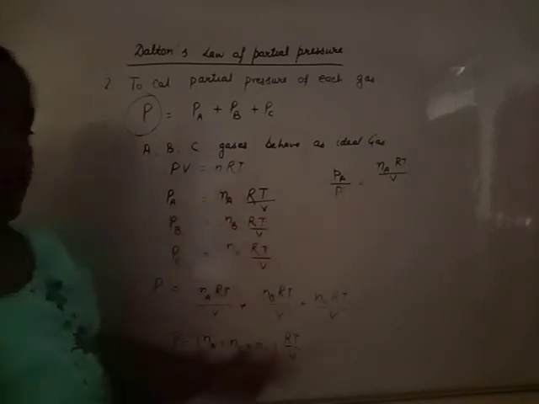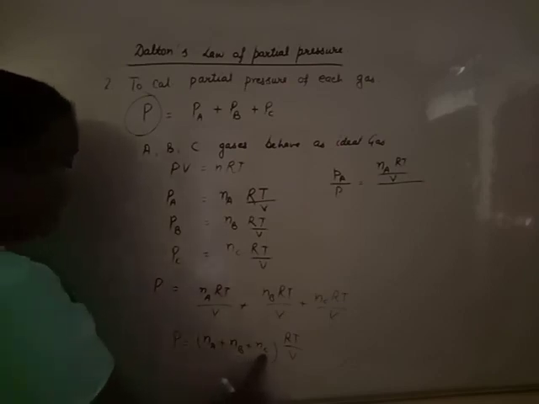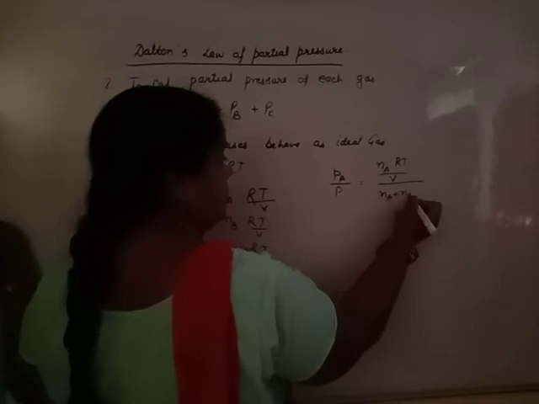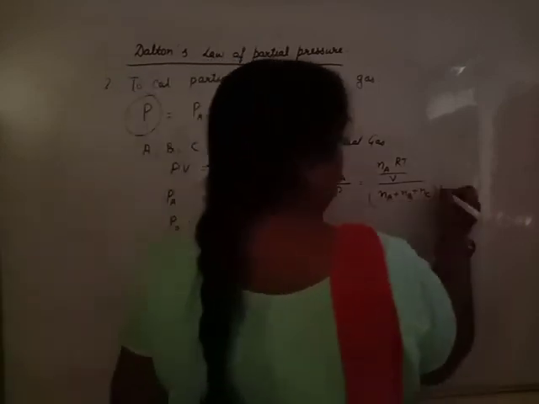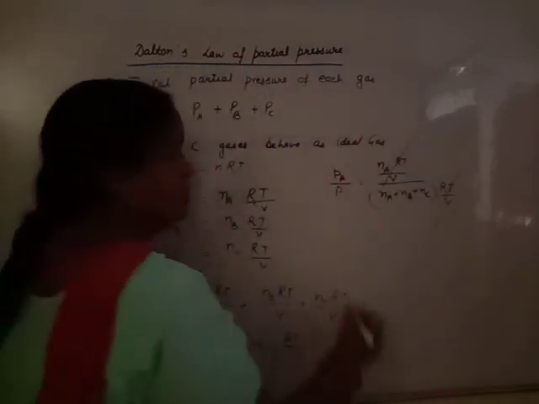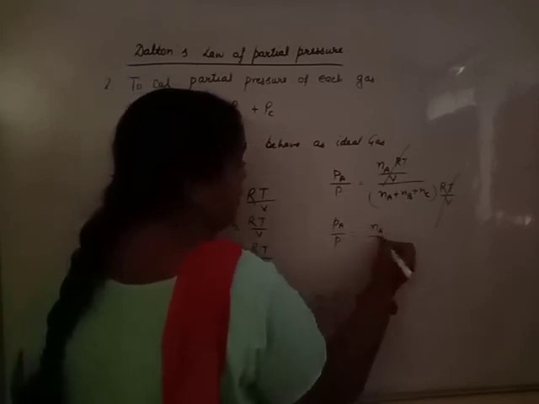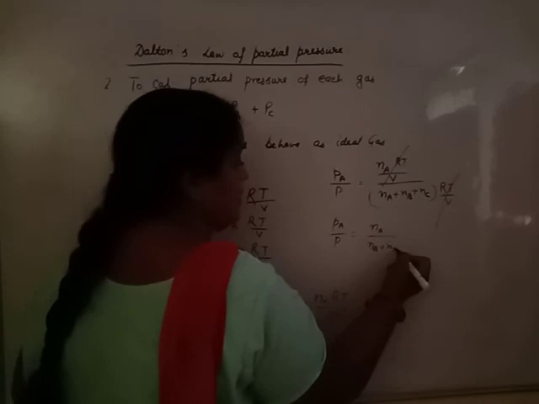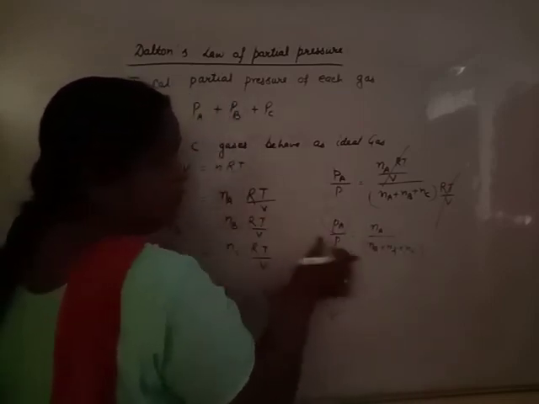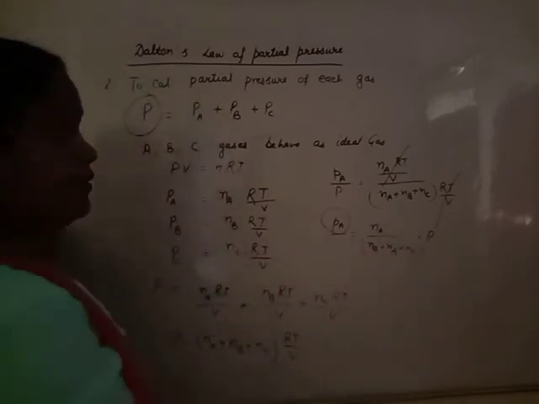We will put here the total pressure: total pressure is (nA plus nB plus nC) RT upon V. RT upon V will be cancelled out, and the partial pressure of A gas will be nA upon nA plus nB plus nC. We want to calculate PA only, so the total pressure will be moved here by cross multiplication.